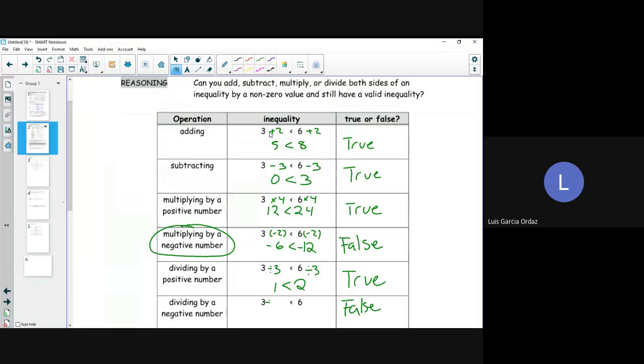So divide by negative 3, divide by negative 3, you get negative 1 less than negative 2, and we all know that is false, okay? Because on a number line, negative 1 is on the right of negative 2.